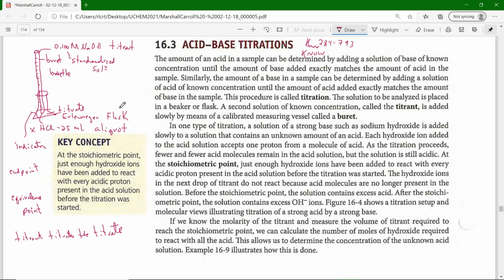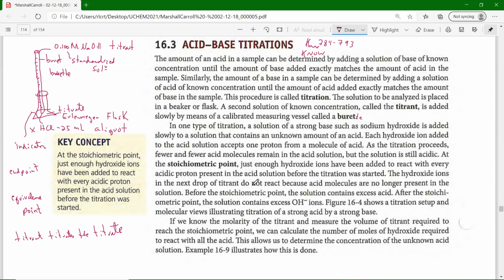A second solution of known concentration called the titrant is added slowly by means of a calibrated measuring vessel called a burette. And they call this a Canadian book, yet they use the American spelling. Anyways, in one type of titration, a solution of a strong base, like sodium hydroxide, is added slowly to a solution that contains an unknown amount of an acid.